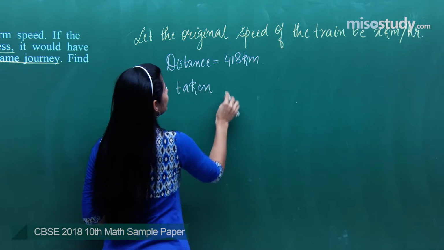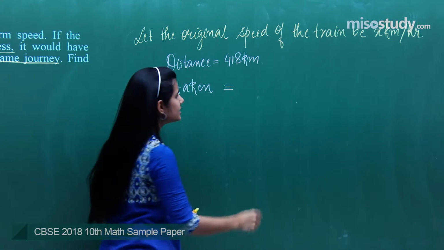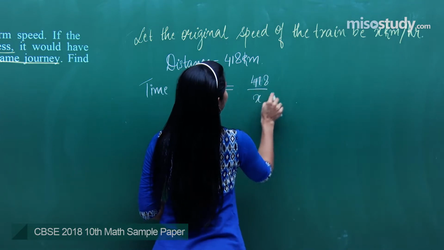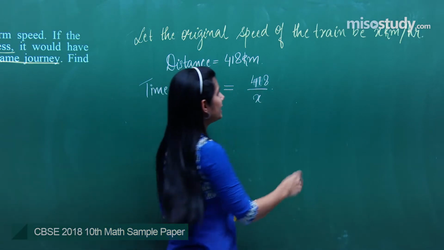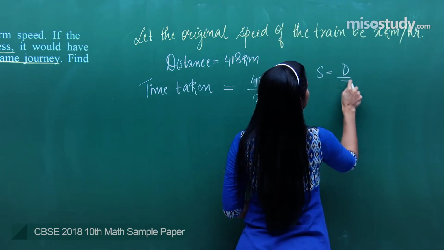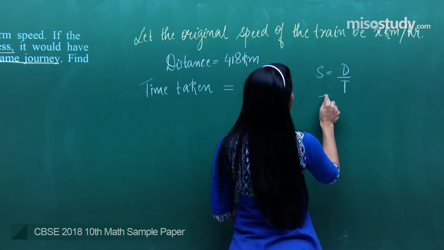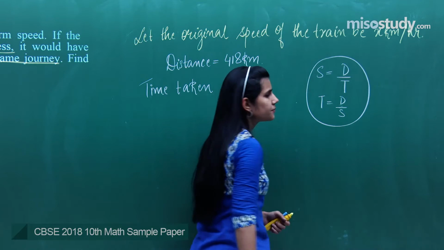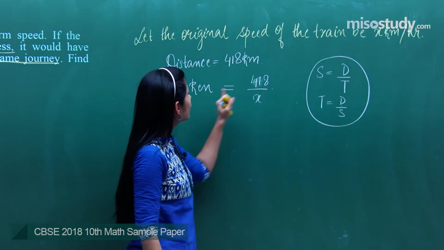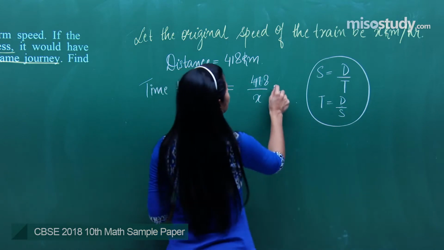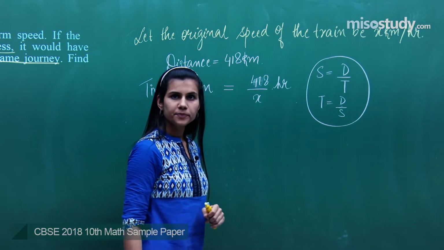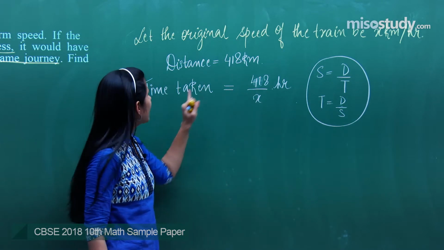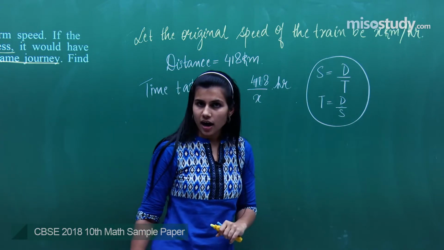Time that is taken with this speed and this distance is 418 upon x. Why? Because speed is equal to distance upon time, and therefore time is equal to distance upon speed. So, my time is equal to distance upon speed, these many hours. That means with the original speed x, this much distance will be covered in 418 upon x hours.